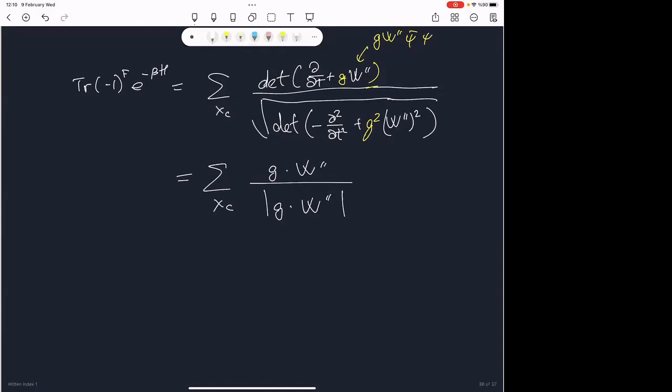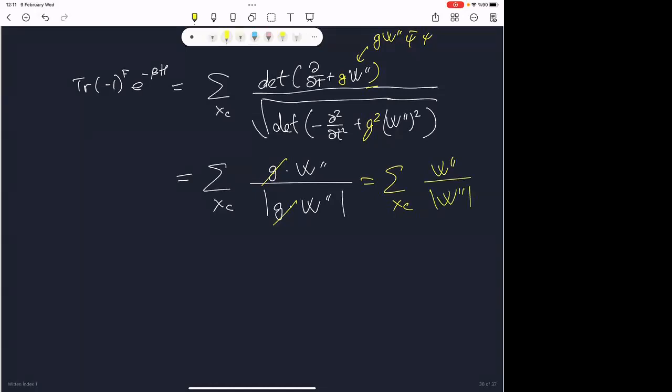So you can define your index as the number of bosons minus the number of fermions on the ground state, or vice versa, the number of fermions minus the number of bosons. What we want to understand is whether it's equal to 0 or not, but the plus or minus sign is not important. So you can simplify, and then you get this, just x critical W2 prime over 1.